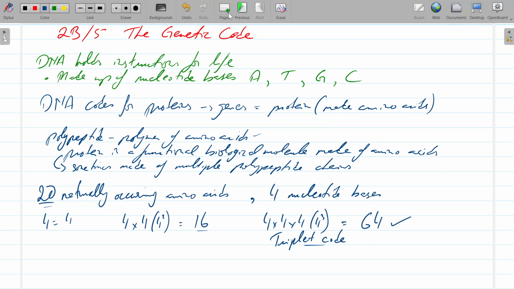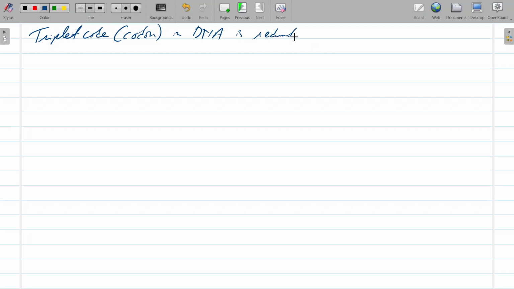And so what that brings us to is that the triplet code in DNA, also known as a codon, is redundant. And I don't like using that word, but that's the word they use.